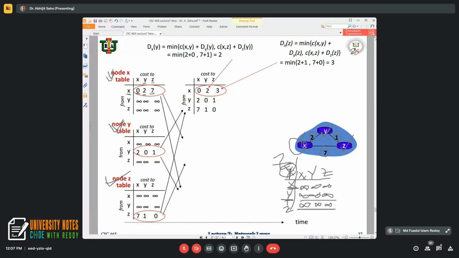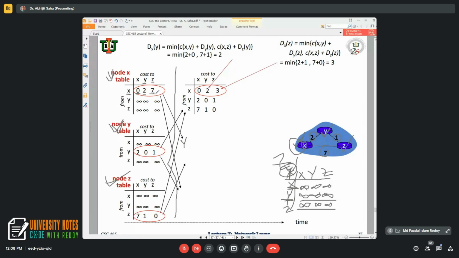The table was without any value, all empty, but now we have got some values. So the table has been updated on x, which means it is going to let its direct neighbors y and z know. This is the next column, which shows the update.